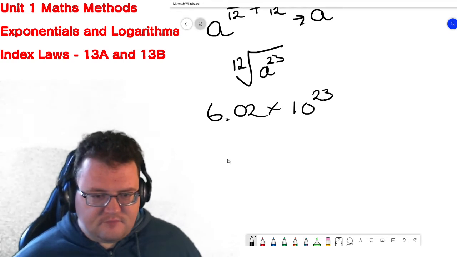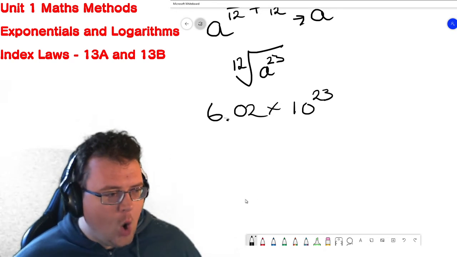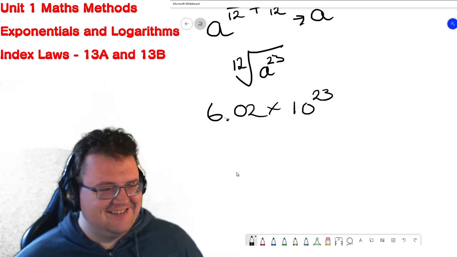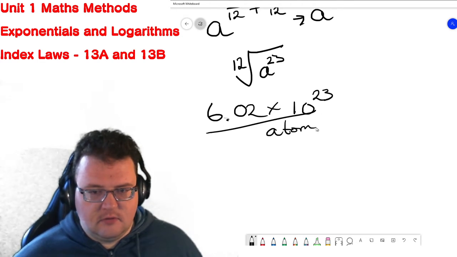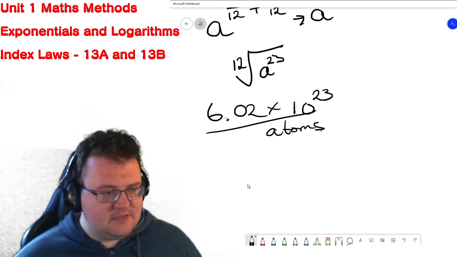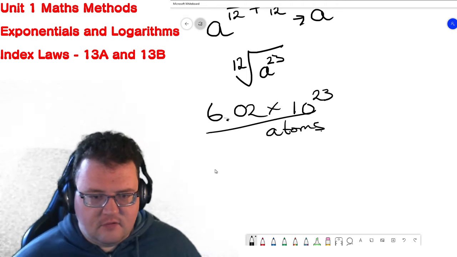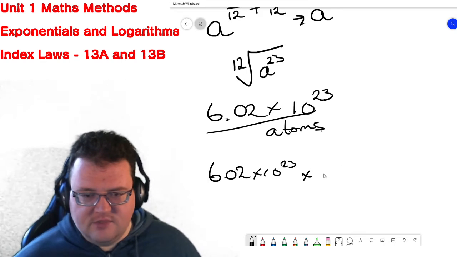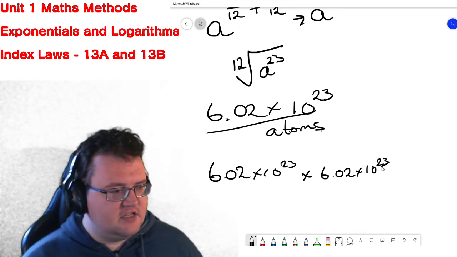So, in chemistry, if I have a mole, M-O-L-E, of something, I have this many atoms of something. So if I had a mole of moles, I would have 6.02 times 10 to the 23 times 6.02 times 10 to the 23.